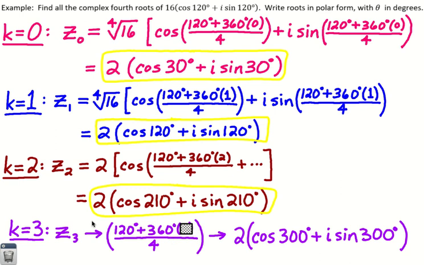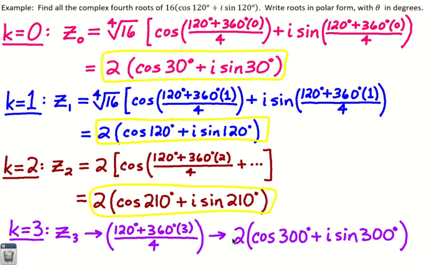And to fast track this even more, to find my root where k equals 3, the only thing that gets changed is this answer. 30 becomes 120, 210. So this is all that really matters as we change what k equals. Now k would be 3, and so my angle would be 300.